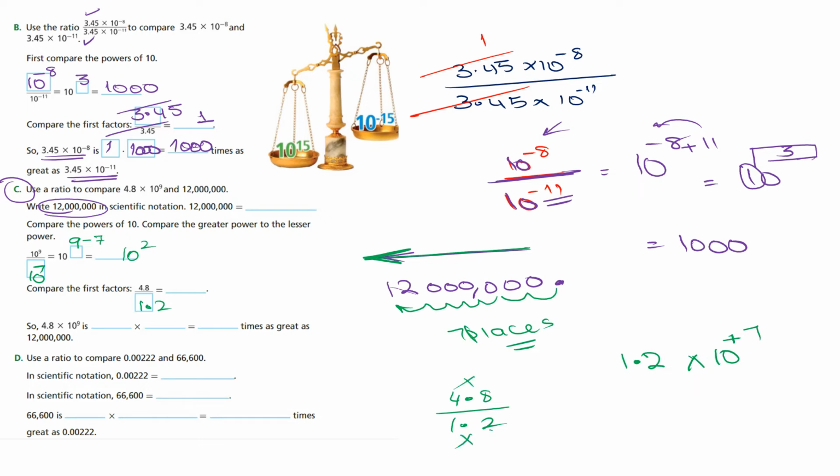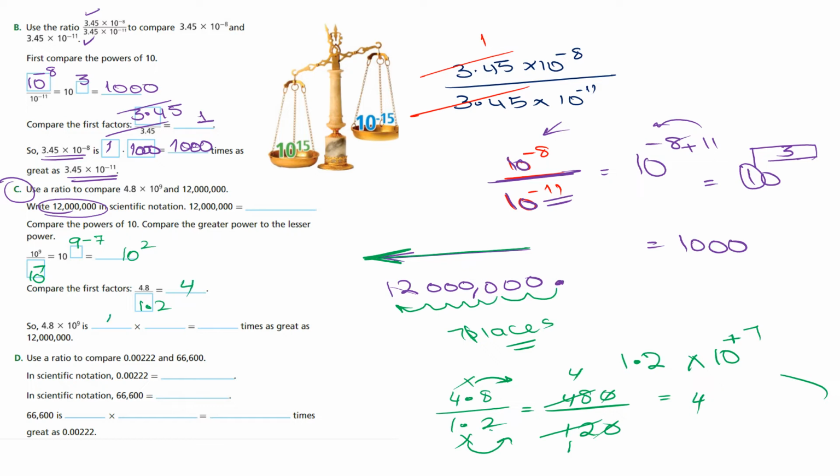I'm not teaching you right now how to eliminate the decimals, but let's suppose the decimals are not there, because if you move the decimal over here, it becomes 480. If you move the decimal over here, it becomes 120, and the zeros are cancelled out. And we know that 12 times 1 is 12 and 12 times 4 is 48. So the answer is 4.